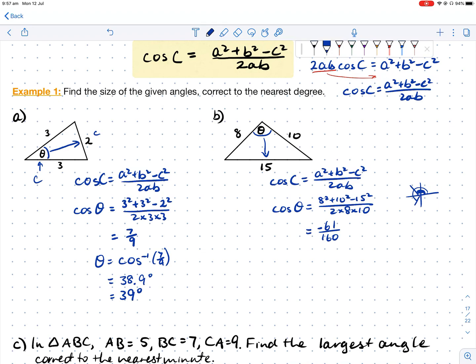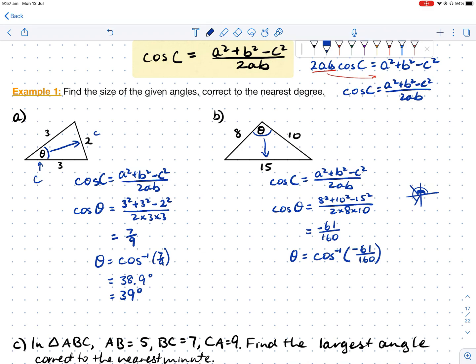So when we go to put this into the calculator, we don't need to do the quadrant stuff. All we need to do is put this exactly as it is into the calculator. So cos minus 1, and we're going to put negative 61 over 160 into the calculator. And your calculator will actually give you an obtuse angle straight away.